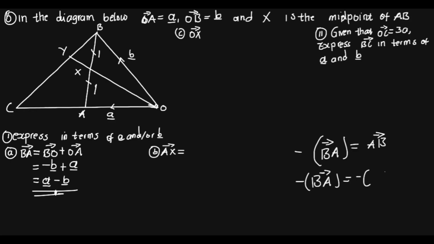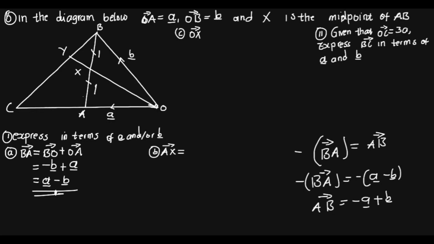So this will be negative times this. Therefore our vector AB will give us negative times A is negative A plus B. What we just have to put to memory is, if you are trying to change the direction of a vector, just change the signs of the given vector.